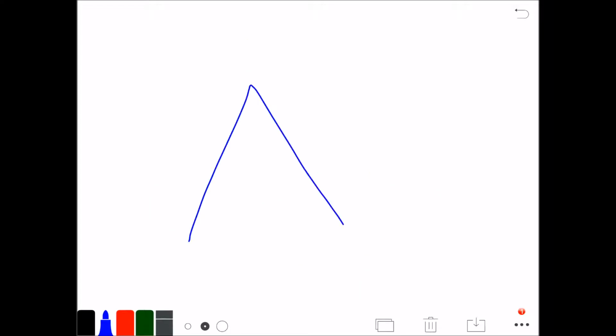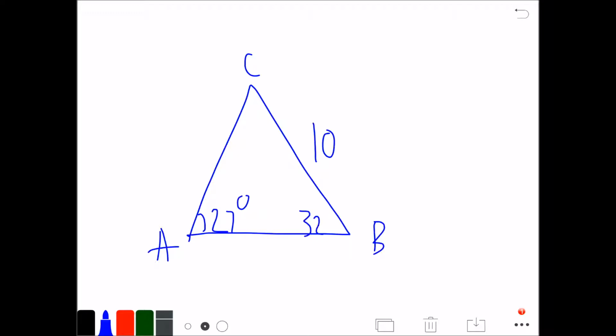So what if I give you this triangle where this is 27 degrees, and I'll call these sides A, B, and C, right? So 27 degrees, and this side length can be 10, and they'll give you 32 degrees for B, and that's all they give you. Let's say you want to find x.